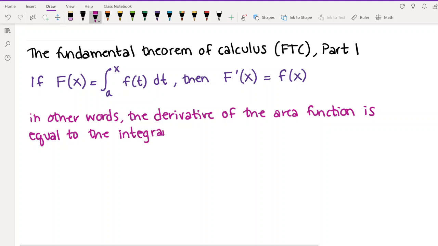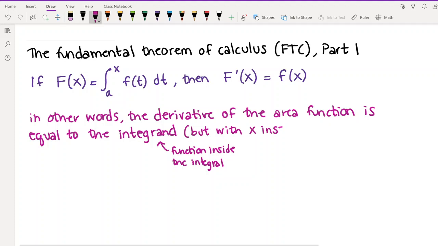So integrand is just a way to refer to the function that you're integrating. So integrand is just a word that means the function, I'll just say the function inside the integral. So it's equal to the integrand, but with x instead of t. So it's the same function that you have on the inside, but you're just using x instead of t as your variable.